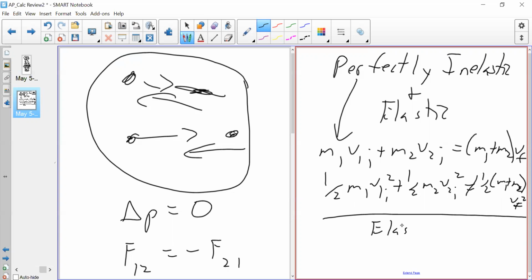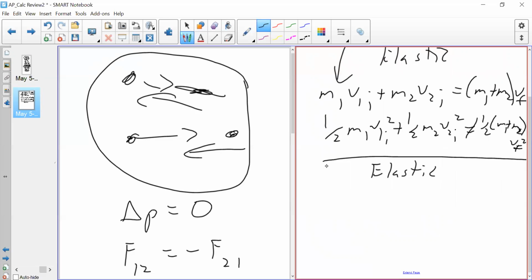The elastic collision case is just the typical conservation of momentum equation. And so the energy and the momentum are saved in the elastic case. Spare you the writing of the kinetic energy equation there.